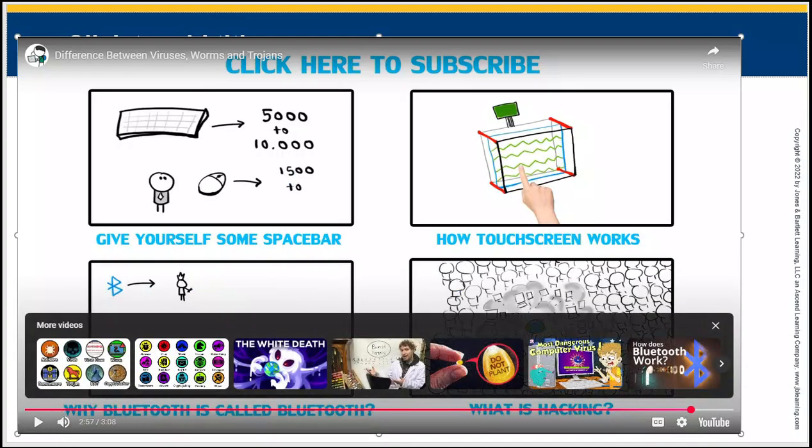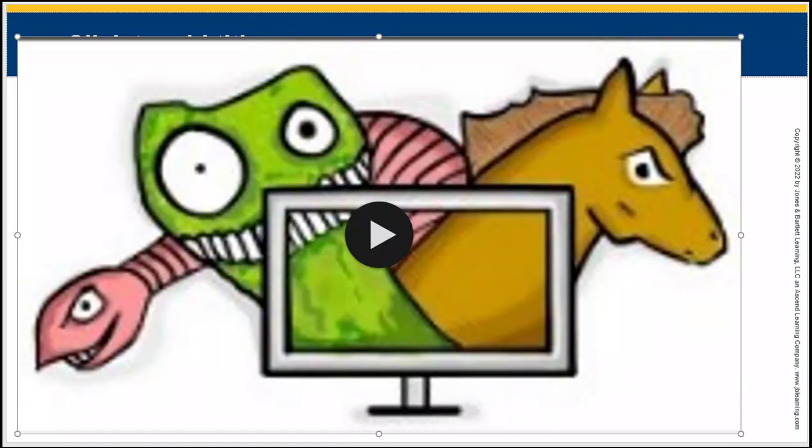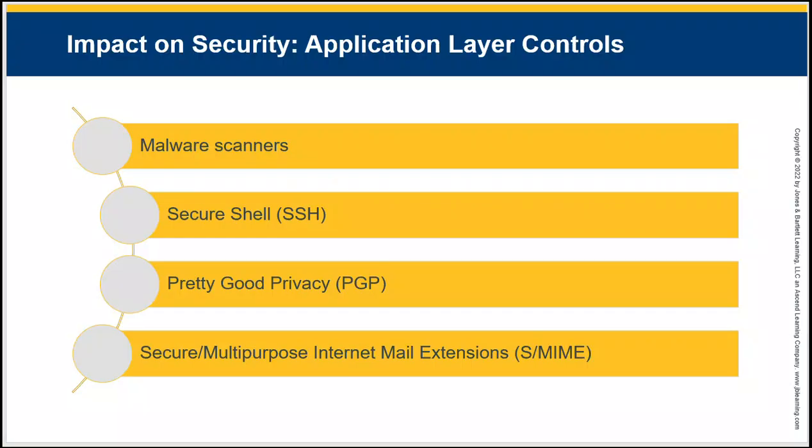Okay, so a little bit about the difference between viruses and worms and Trojan horses. Now, what can we do? Well, for one thing, we can keep antivirus software running on our computer at all times. There are such things as real-time protections so that if your computer sees something that looks suspicious, it'll just automatically quarantine it.